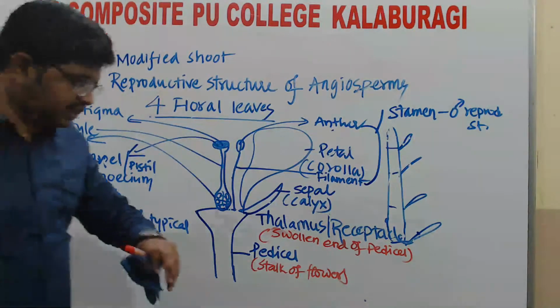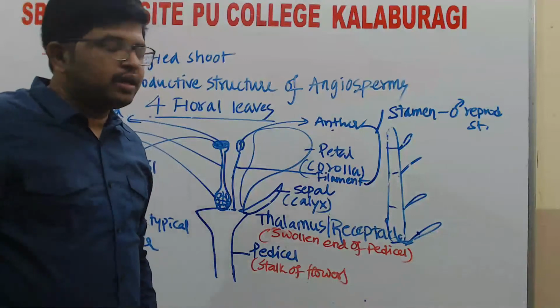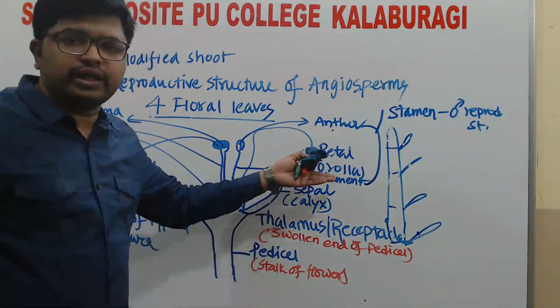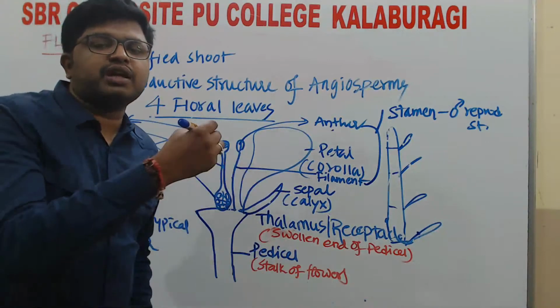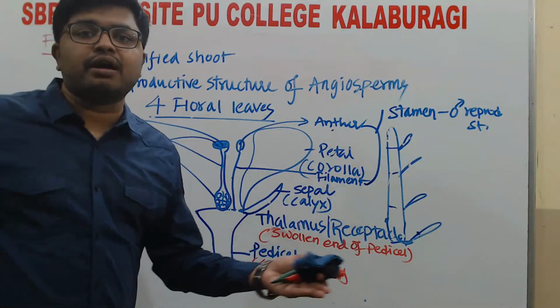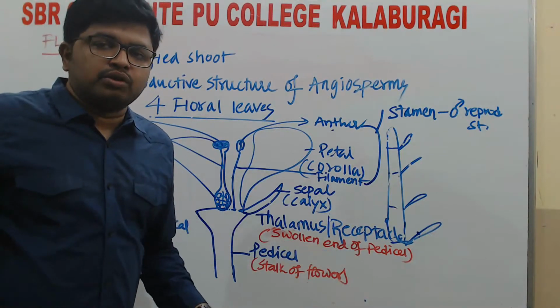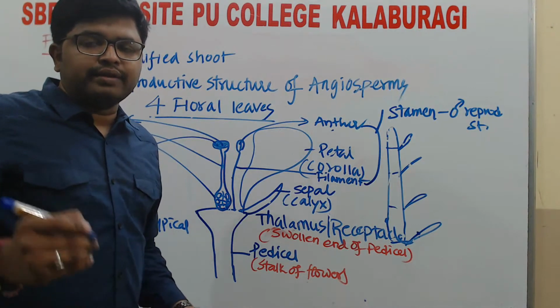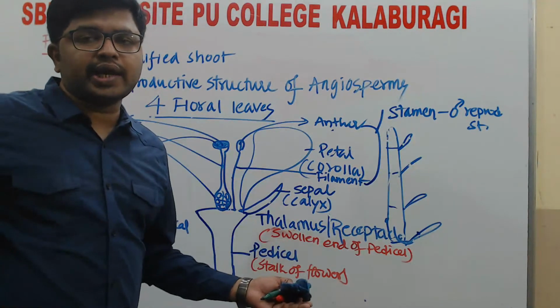Okay. In the next class, we are going to understand the various terminologies related to the flower. There are some terminologies which we often use while describing any family. We have two families to discuss, the Liliaceae and Solanaceae.